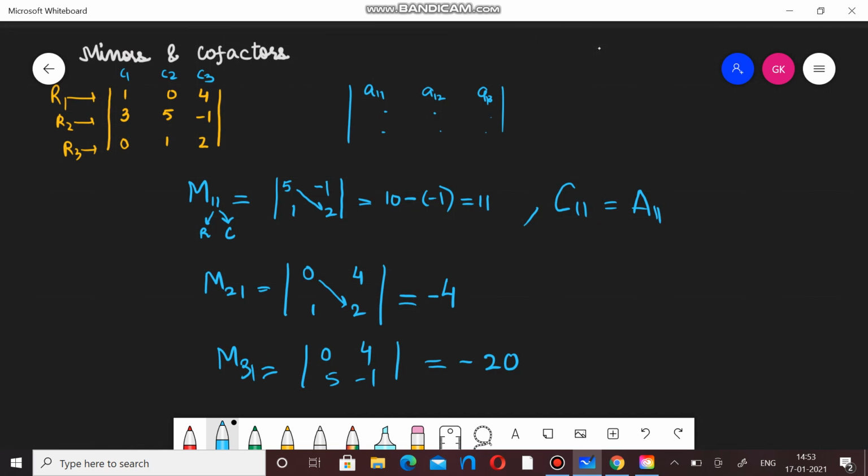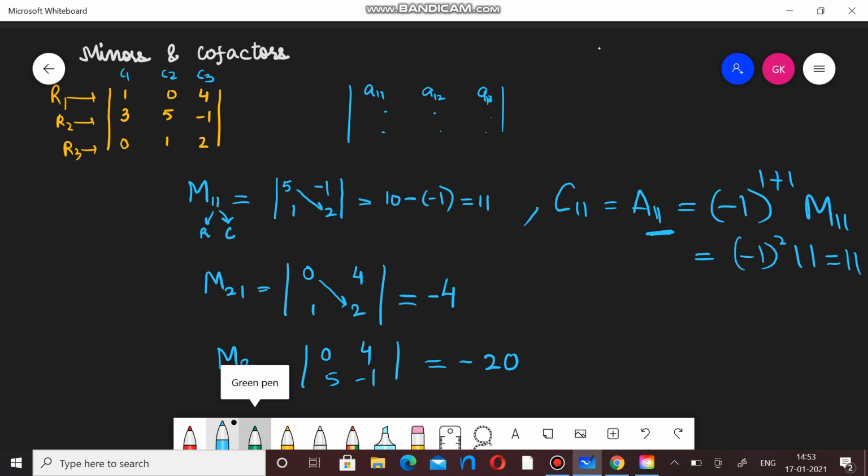This will be minus 1 raised to the power 1 plus 1 into the minor, which you have already calculated. So it is minus 1 raised to the power 2 into 11. It means this is also 11.